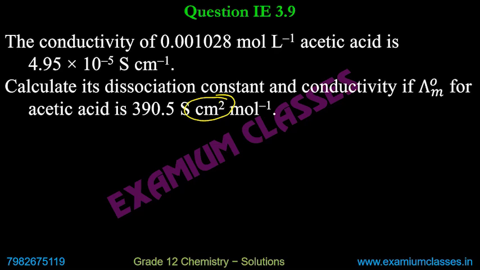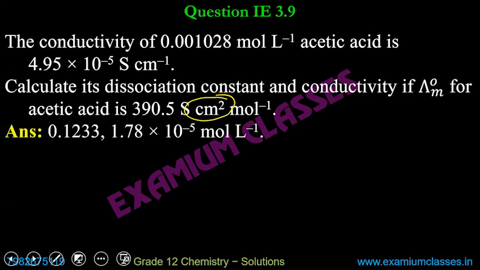Okay, let me check whether your answers are correct or not. Alpha value correct and 1.78 into 10 power minus 5. Yes. Correct. It seems you have not converted the meter cube to centimeter, mixed units probably.